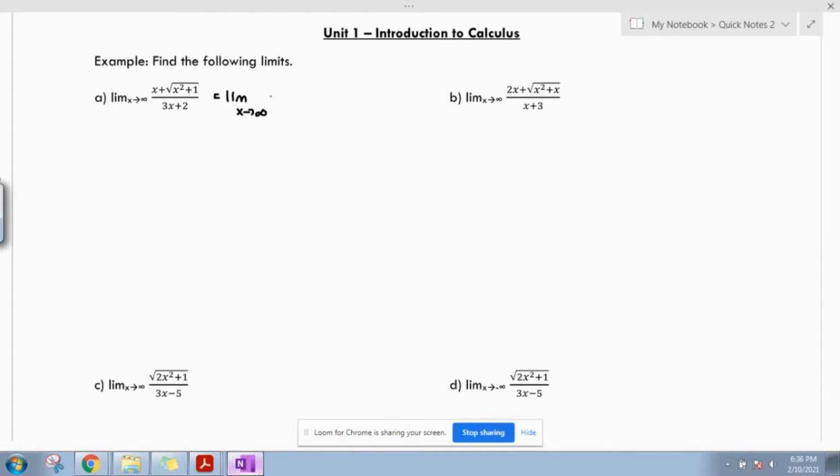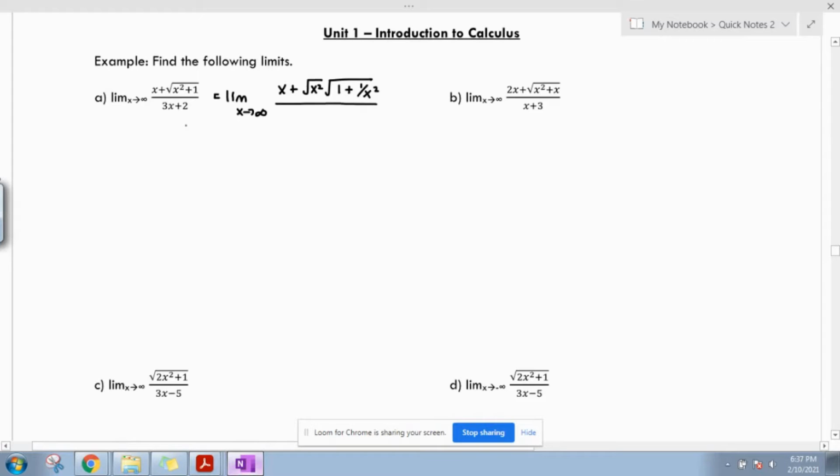I'm still going to have x here, plus the square root of x squared, and that's going to leave me with 1 plus 1 over x squared. Remember, if you have two things being multiplied underneath a radical, you can split it up as two radicals. And then all over, I'm going to do the same thing with the denominator.